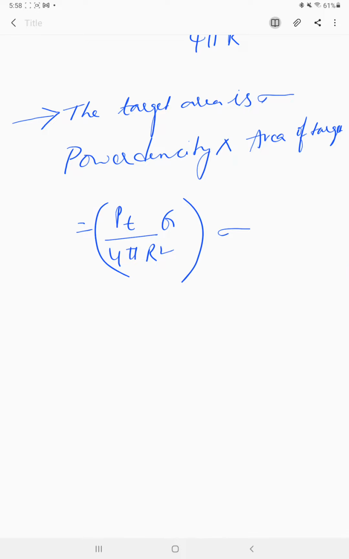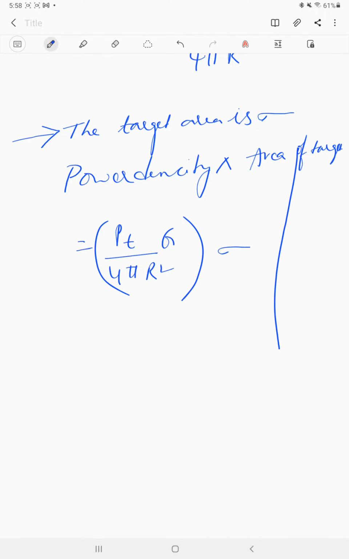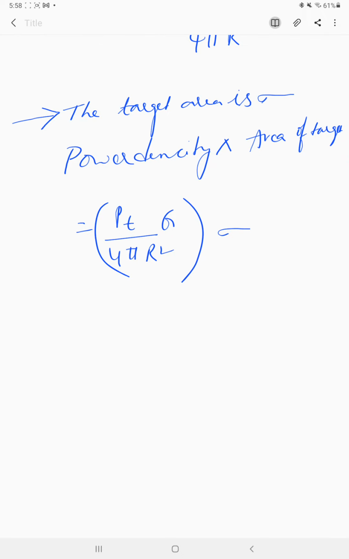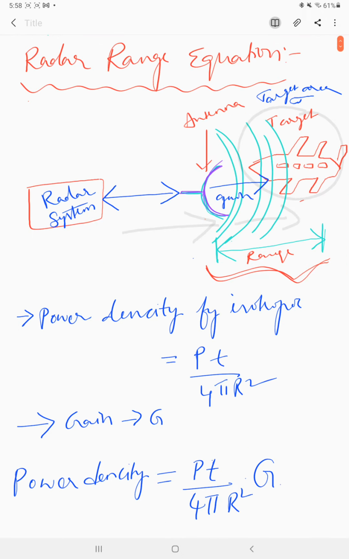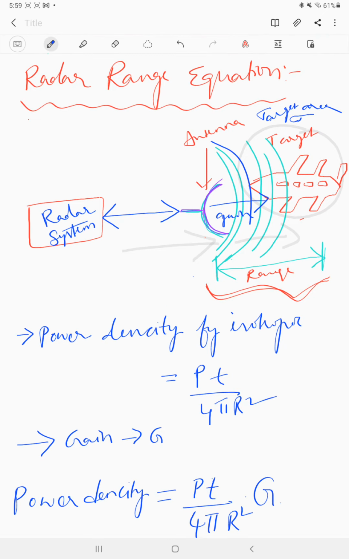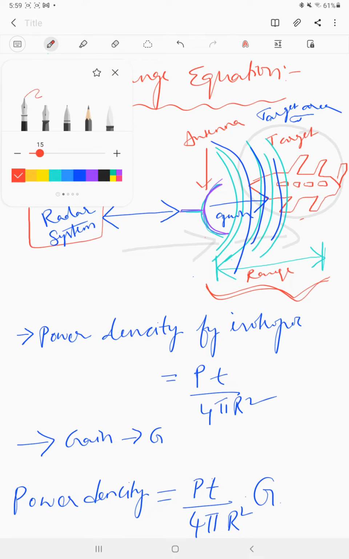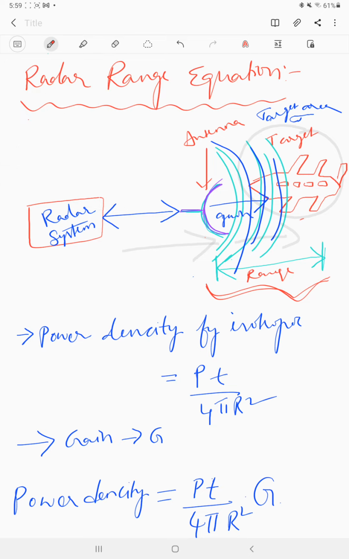Now, we are transmitting some signals, and the signals are reflected back from the target.